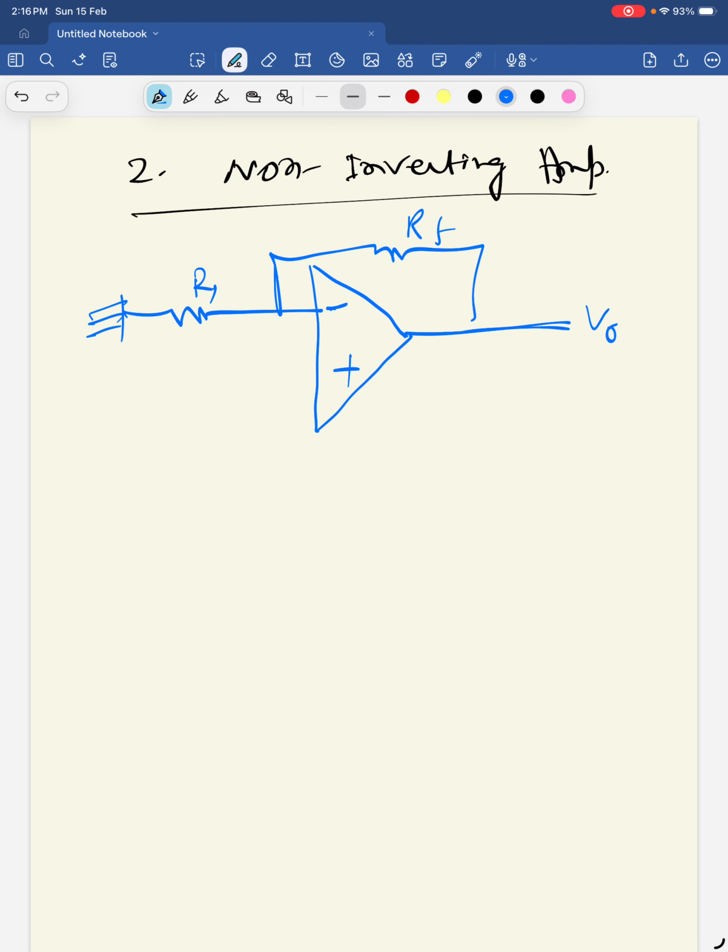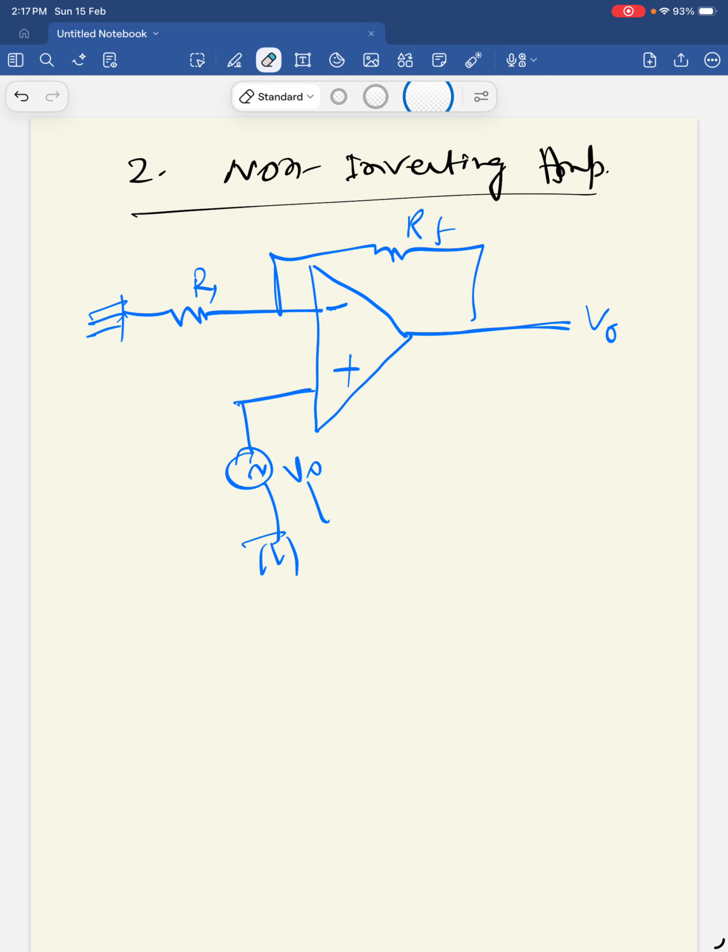In this case, this is grounded. Here the input voltage Vi is applied, because this is non-inverting, so the input must be connected to the non-inverting terminal. As per the virtual ground concept, the voltages at these two points must be the same. So this point voltage is Vi.